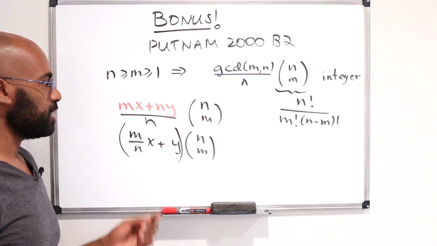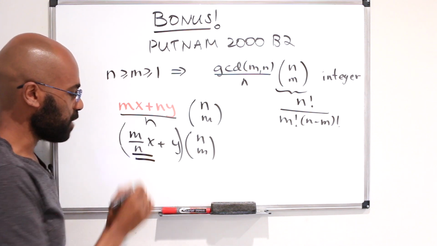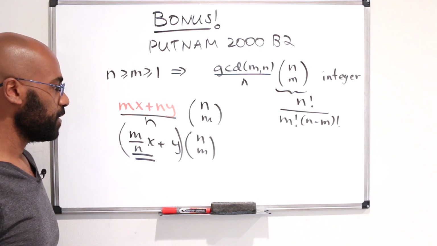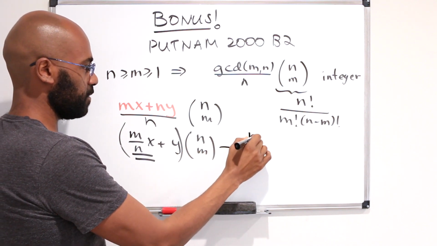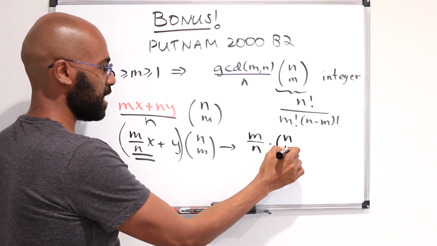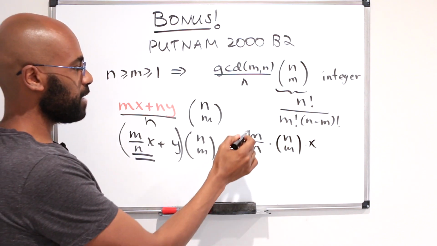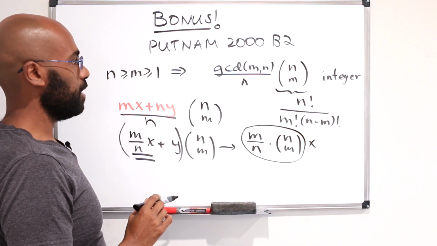And if we're interested in this being an integer, we only need to care about this piece right over here because y is already an integer itself. So really what we're investigating is why the quantity m over n times n choose m times x is an integer. And we can play around with this quantity to figure out that this happens to be an integer.